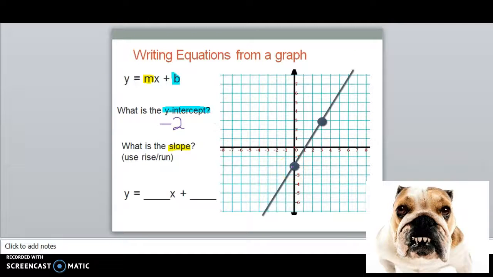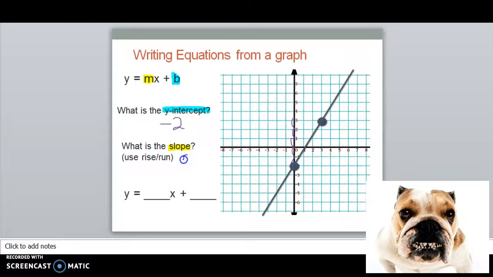Then I'm going to find the slope of the line by using rise over run. So I'm going to rise 1, 2, 3, 4, 5, and I'm going to run 1, 2, 3.